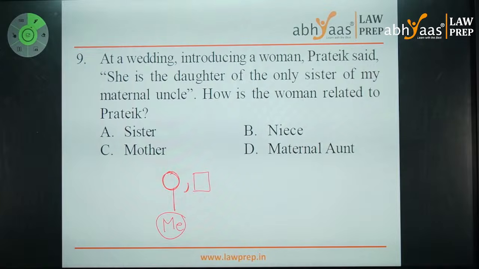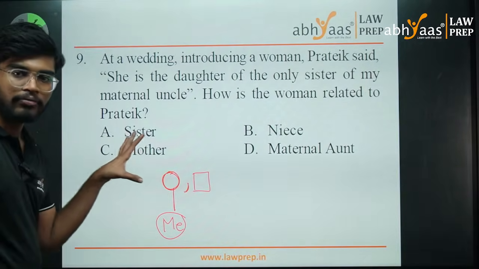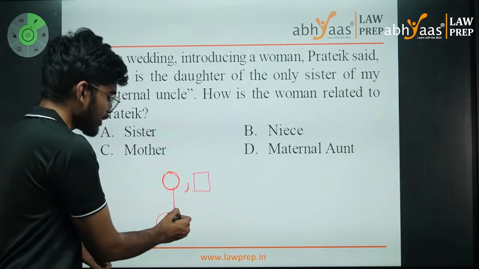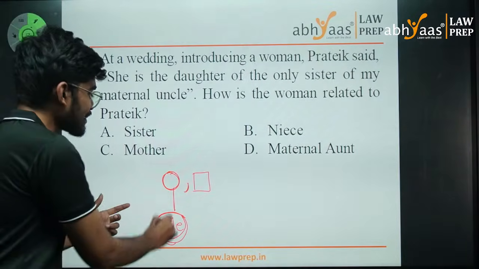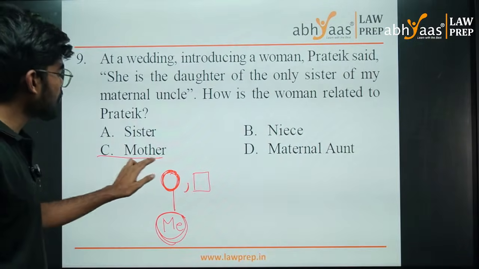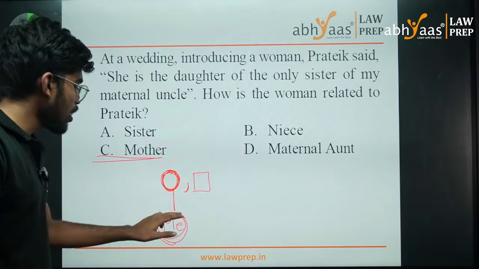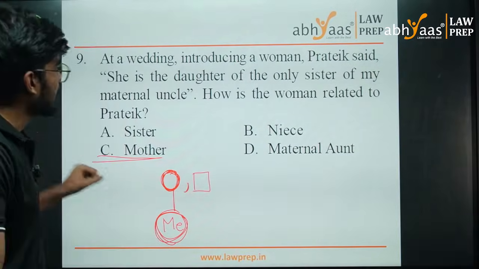How is the woman related to Pratik? Actually here there is a small variation. This is actually referring to Pratik herself. If they were asking about this specific person, then mother would have been the answer. But for now, the woman is Pratik herself. Next one.